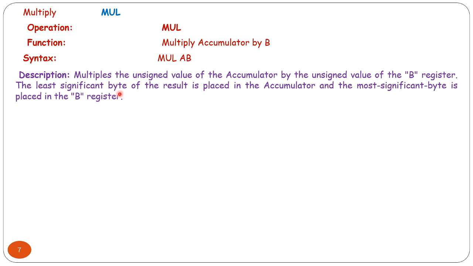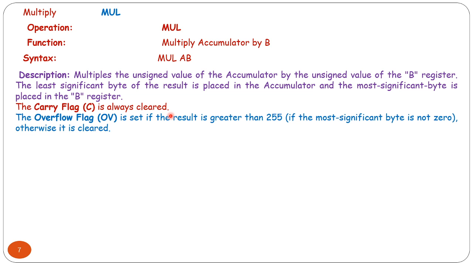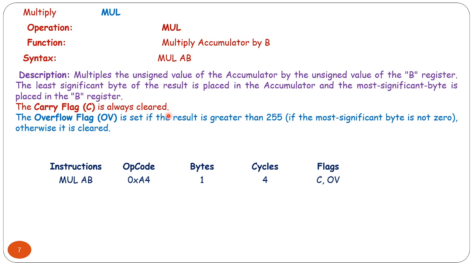The least significant byte of this result is placed in accumulator and the most significant byte is placed in B register after multiplication. Carry flag is always cleared. Overflow is set if the result is greater than 255, if the most significant byte is not 0, otherwise it is clear.